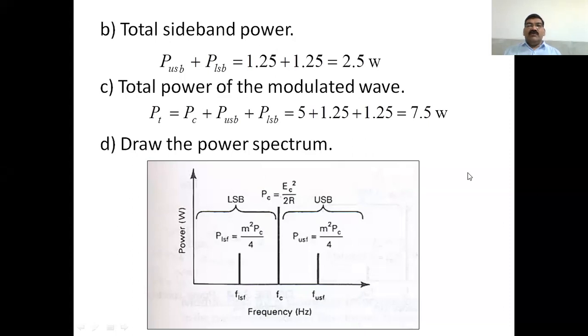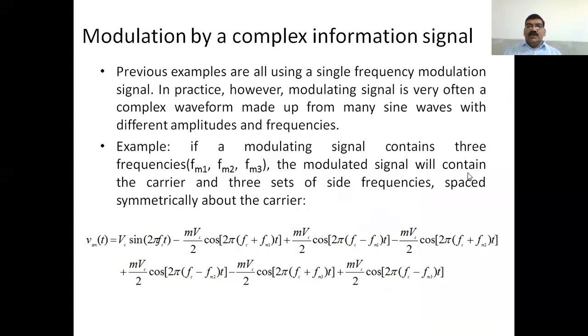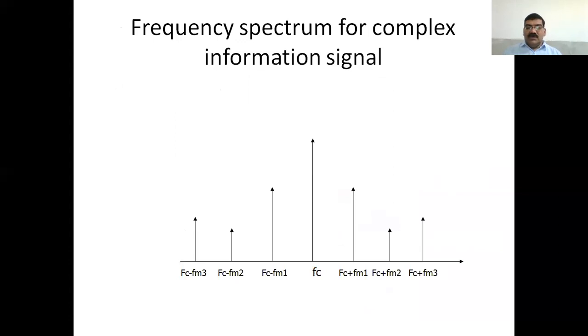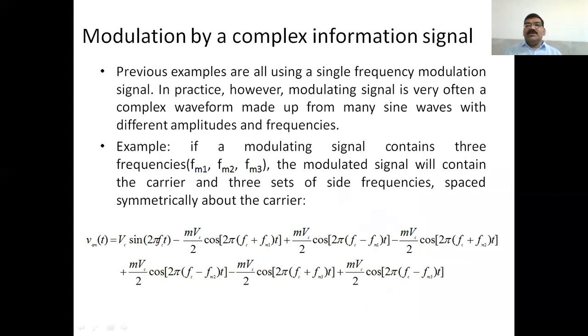Now we'll go further. Now this is the modulation index for a complex information signal. What does it mean?